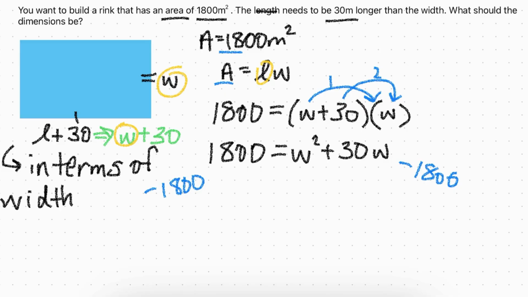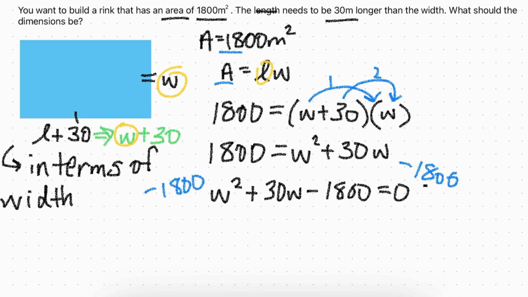So we're going to remove the 1,800 from the left by subtracting 1,800 from both sides of the equation. So that leaves us with W squared plus 30W minus 1,800 equals 0.